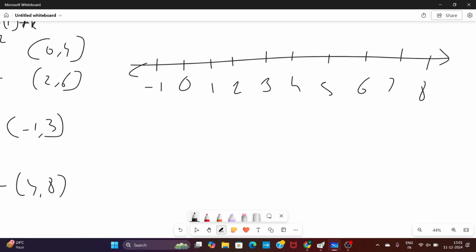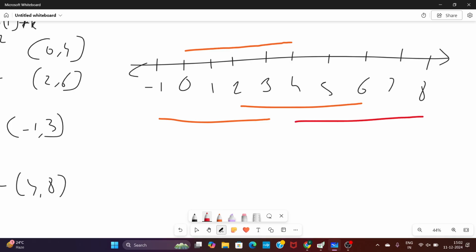Our first range is from 0 to 4, then the second range is from 2 to 6, then the third is from minus 1 to 3, then 4 to 8. We have got all four ranges.